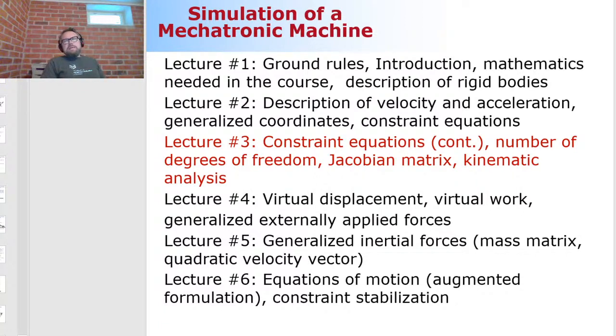Last week we learned that the kinematic analysis can be carried out for systems that have 0 degrees of freedom. And 0 degrees of freedom doesn't necessarily mean that the system cannot move, because it could be a simple case, like let's say that we have a box that is sliding on a surface. The constraints are made such that the box can only move back and forth along this surface. So this is a 1 degree of freedom system.